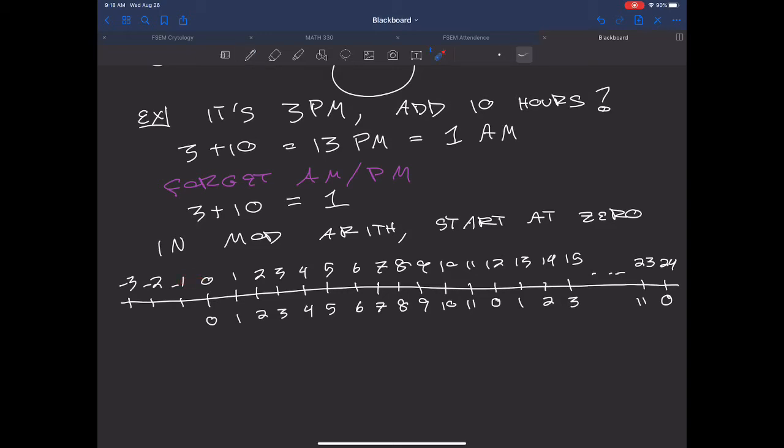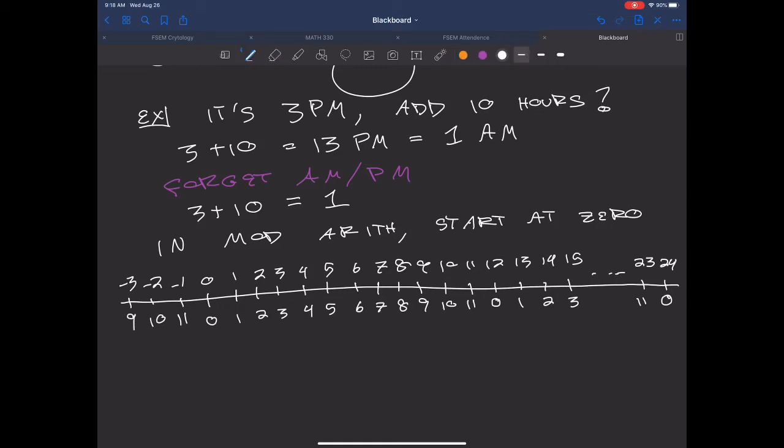But in modular arithmetic, what I'm going to do is, all right, so these two zeros are basically considered the same. So if I take this 0 and move to the left 1 unit, I get 11. And then if I move to the left 1 more unit, I get 10.